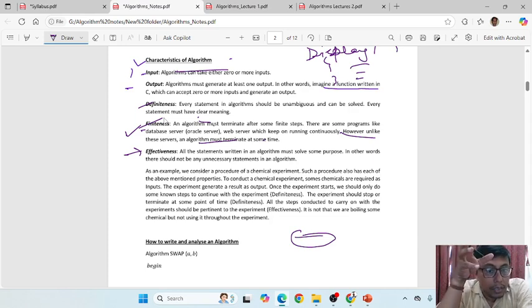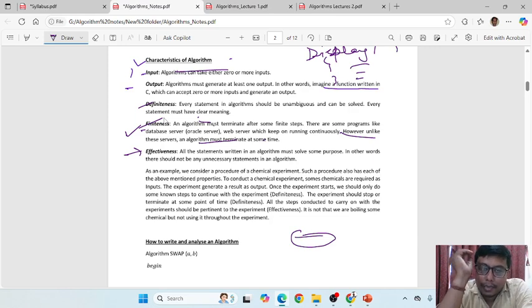So those chemicals can be considered as an input. This is one property. Now the chemical experiment that we perform produces an output, that means a result, an outcome generated from that experiment. That is your output, the second characteristic of an algorithm.